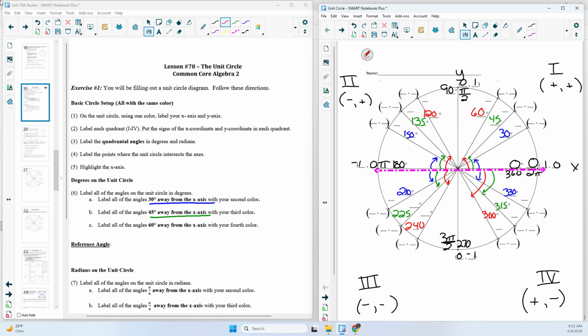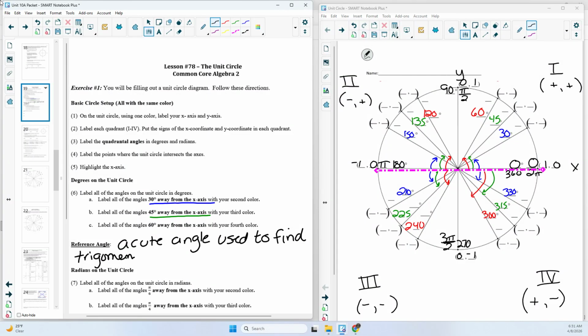And as I drew those little arrows, we were using something called reference angles. A reference angle is an acute angle used to find trigonometric functions for larger angles.